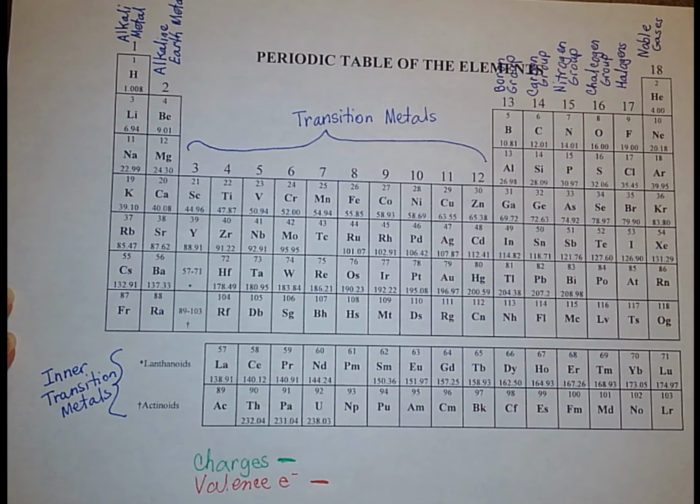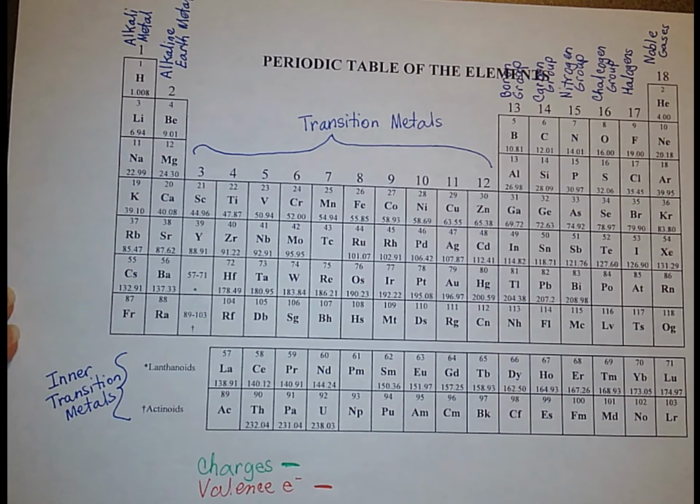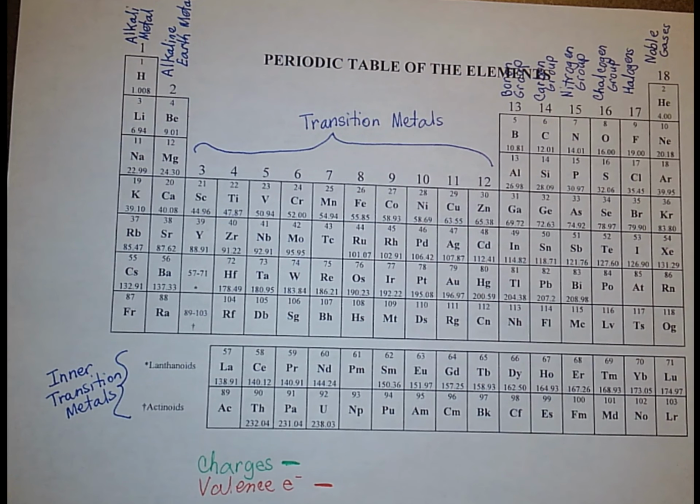So really, what is the difference between charges and valence electrons? Valence electrons are the ones that are involved in a chemical reaction. Because those electrons are in the outer shell, they're involved in a chemical reaction. Charges tell you how many individual electrons were actually involved in the reaction.